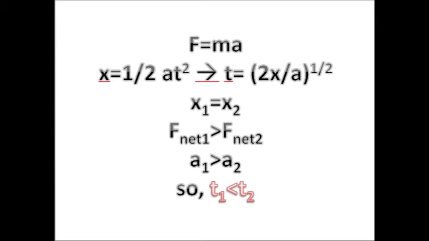Since F net 1 is greater than F net 2, and F equals ma, a1 must be greater than a2. We plug a1 and a2 back into t equals square root of 2x over a, and get t1 is less than t2, which literally means M1 lands first.